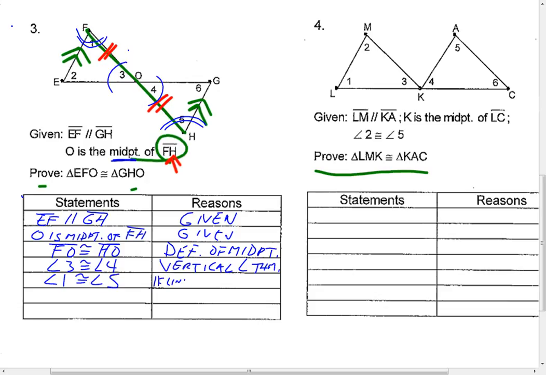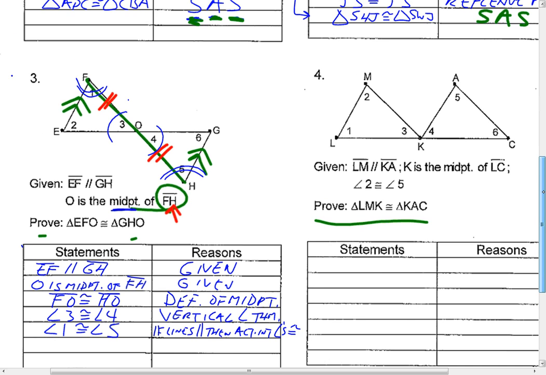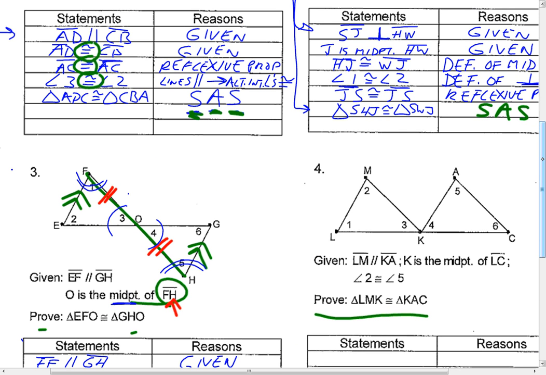If lines parallel, then alternate interior angles congruent. You can either write it that way as an if-then statement, or you can write it like we did up here with an arrow in between. Either one's okay.